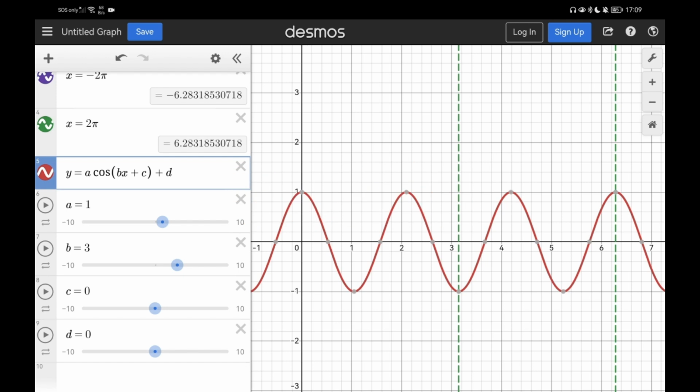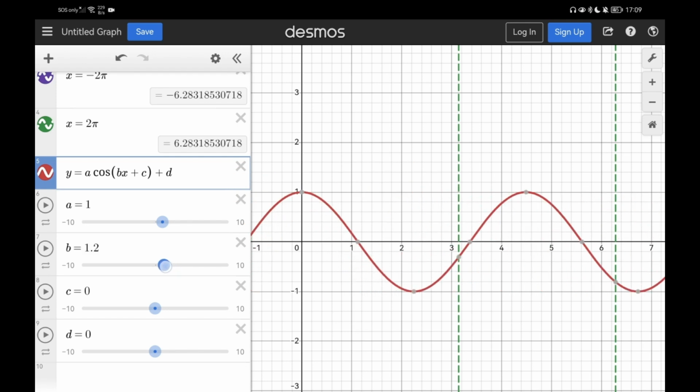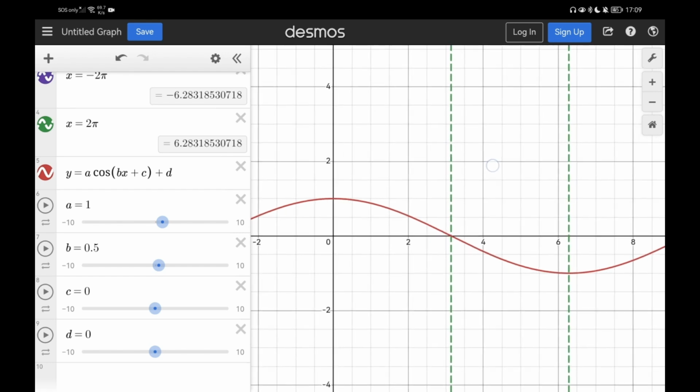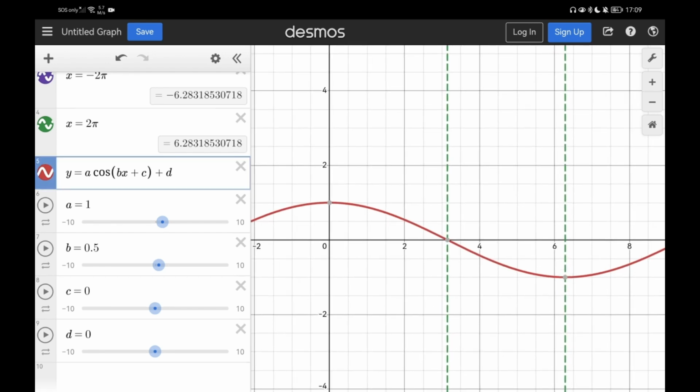If you change your b to less than 1, let's say I change to 0.5, its period is 2 pi divided by 0.5, which means that it only requires half a cycle to reach 2 pi in the x coordinate. Alright, so this is how the stretch, I mean the transformation, works for the cosine function.